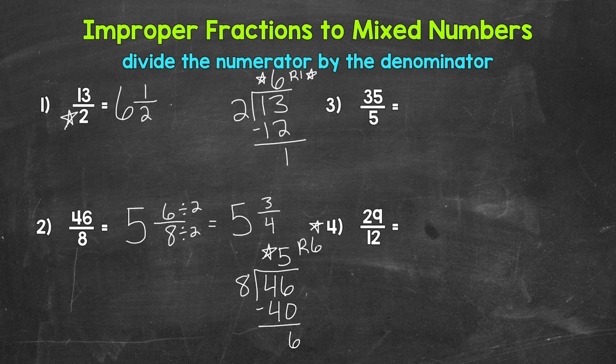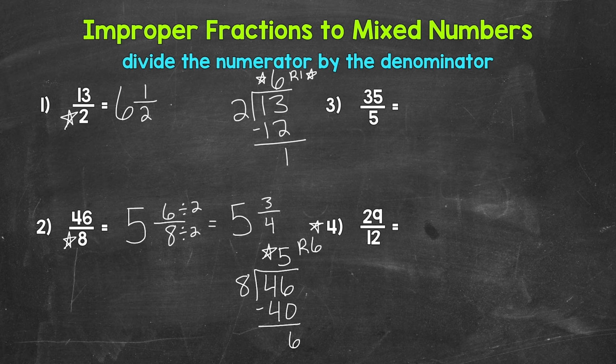Then that remainder of 6 is our numerator. Then we keep that denominator of 8. So we end up with 5 and 6/8, which we were able to simplify, and we ended up with 5 and 3/4. Let's move on to number 3, where we have 35 over 5, 35/5.